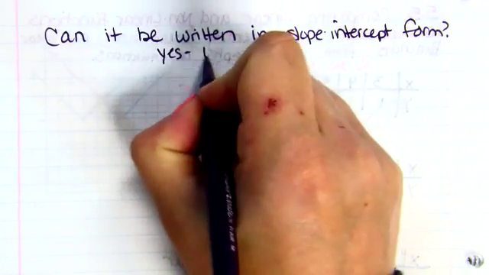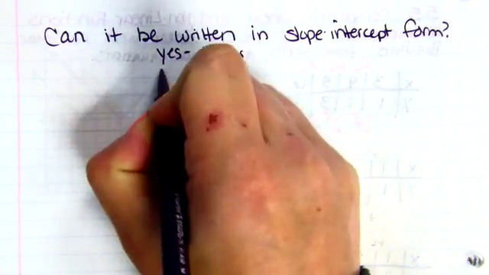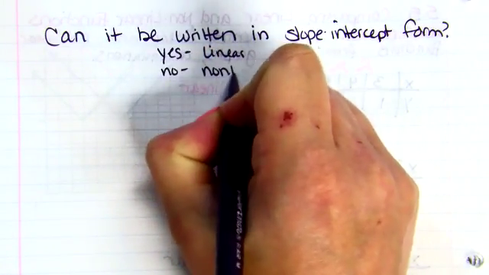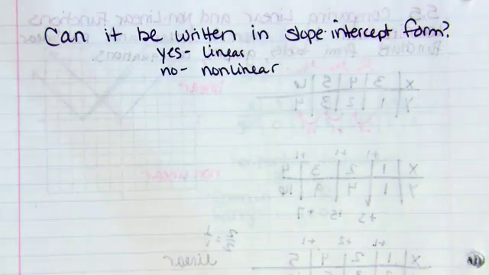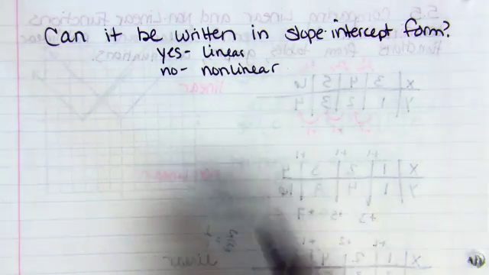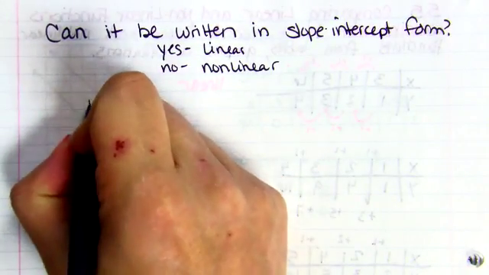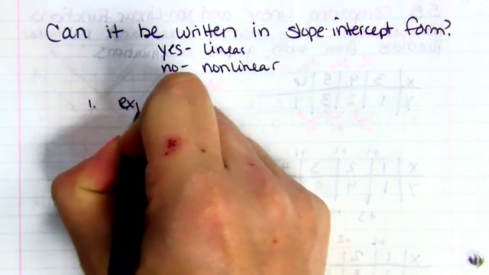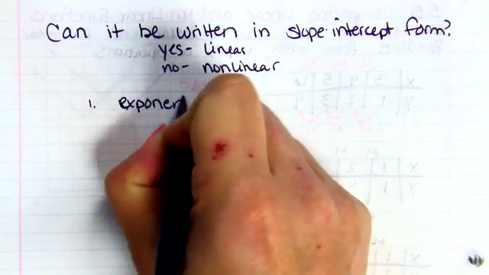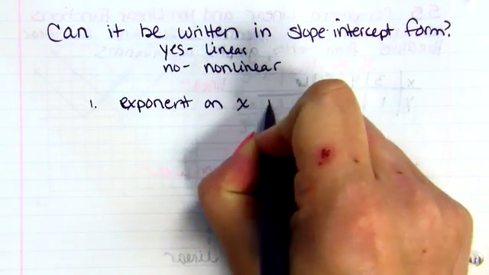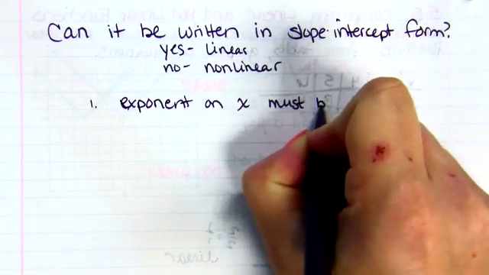If an equation can be written in slope-intercept form, then it's linear. If it can't, then it's nonlinear. So a couple other things, though, that you can look at. The exponent on x must be 1.